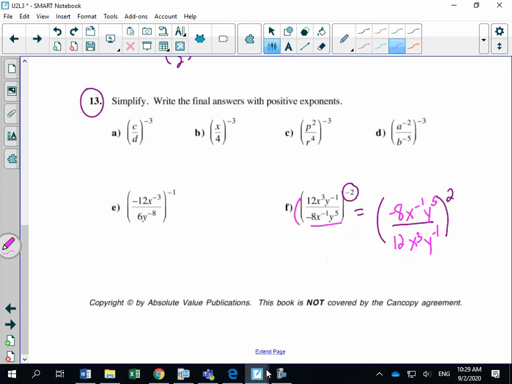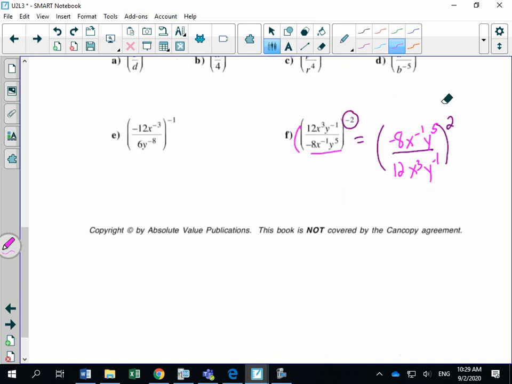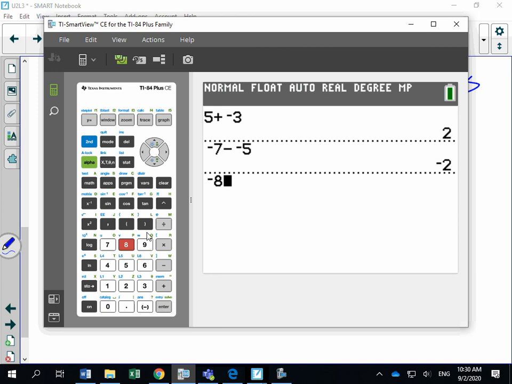And then from here, before you take care of the exponent, go to BEDMAS. So let's deal with our bracket first, right? Negative 8 divided by 12. If you need to reduce that, just remember you could check on your calculator. So negative 8 divided by 12, and then you're going to make it a fraction.